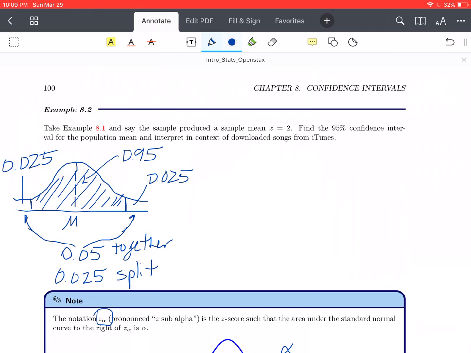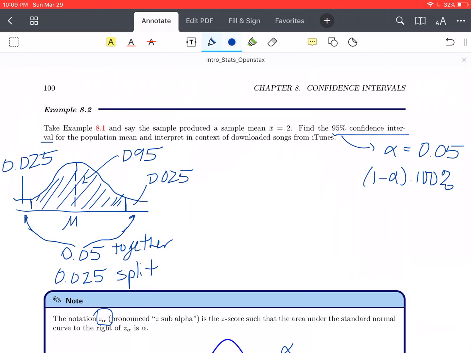So in order to find our 95% confidence interval, okay, so 95%, this corresponds to an alpha value of 0.05. Okay, because it's 1 minus alpha times 100%.